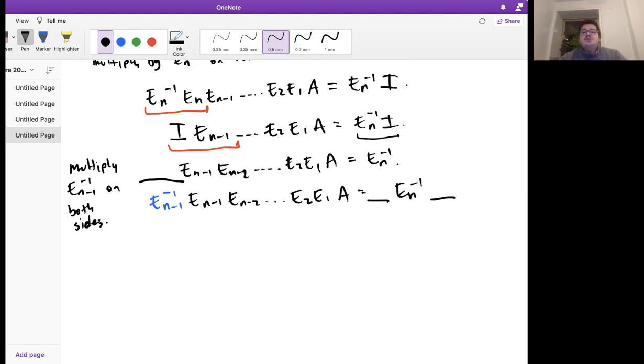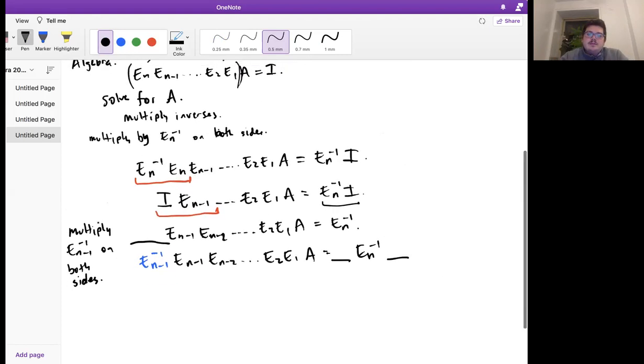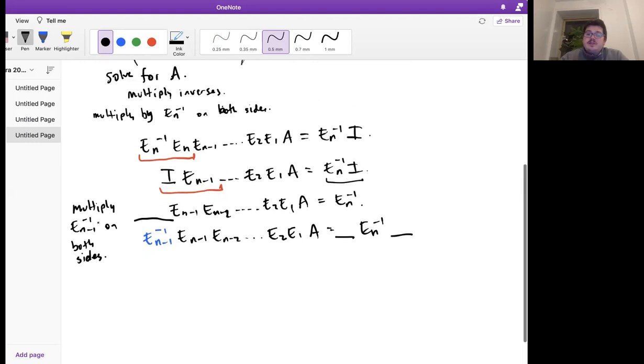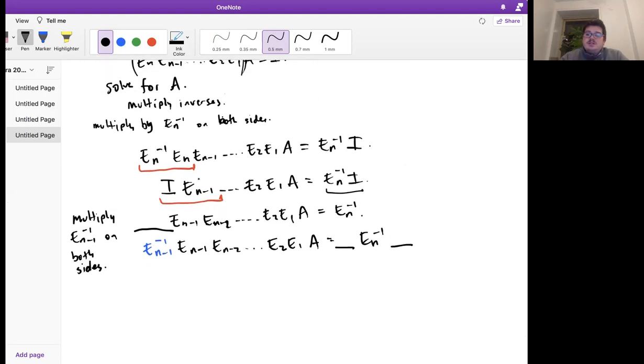First of all, does everyone see what we're doing? The process is doing one step at a time. We're shaving away at these E's until we get to A. The first thing we did was get rid of the leftmost E. The only way you can get rid of it is to multiply by the inverse.